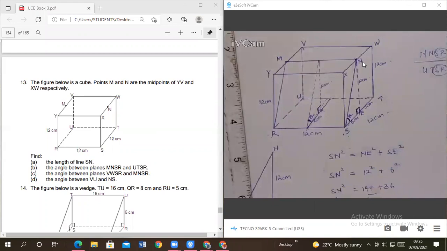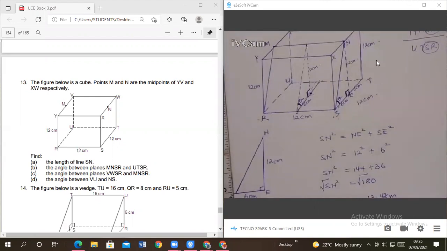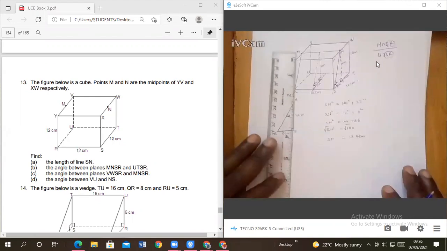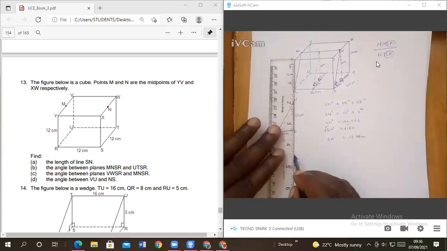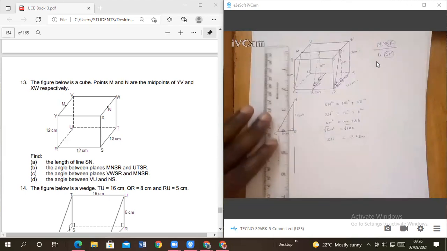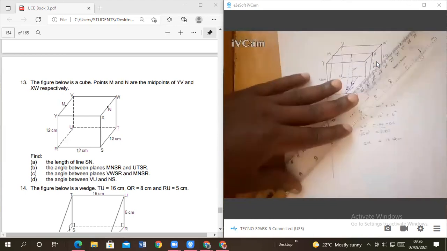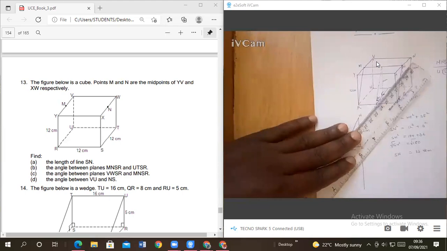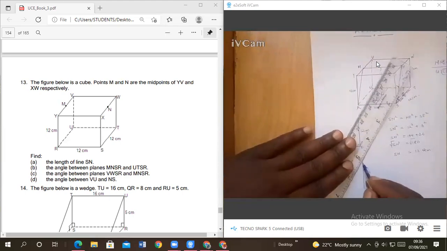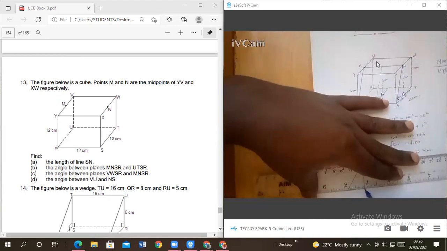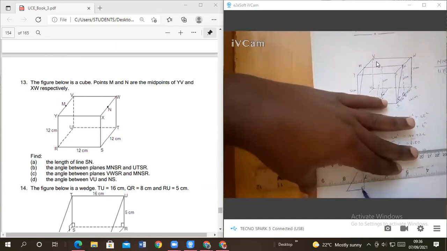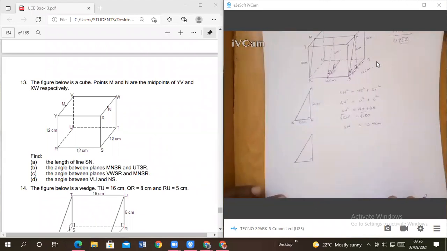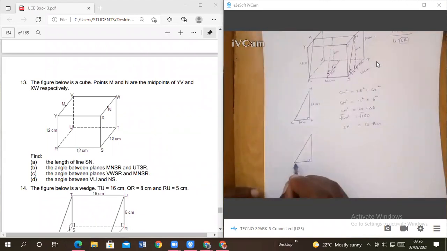No. All right, so let us proceed. I'm going to use this same triangle here that I drew some time back. I can call this one S, E, and N. So this is 12 centimeters, this is 6 centimeters, and this is the angle theta.